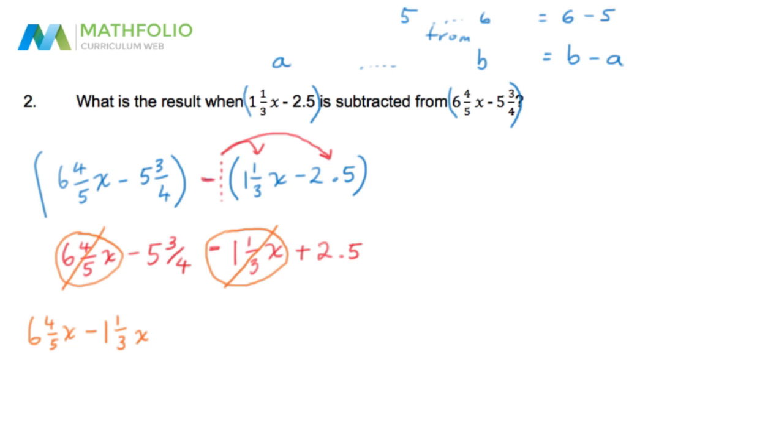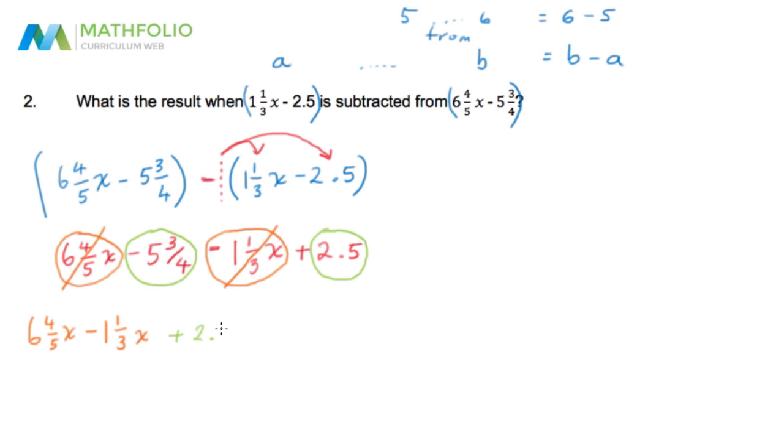Now the next step that we're going to do is we are going to look at the numbers. So the second animal that we've got is just numbers, no variables. We've got 2.5, and I'm going to group the minus in here, 5 and 3/4. So the rest of this is going to be plus 2.5.